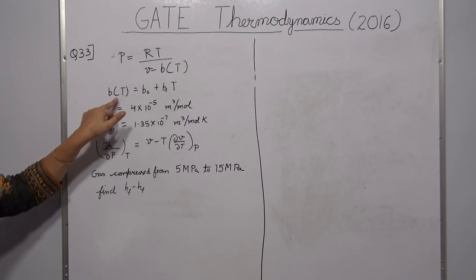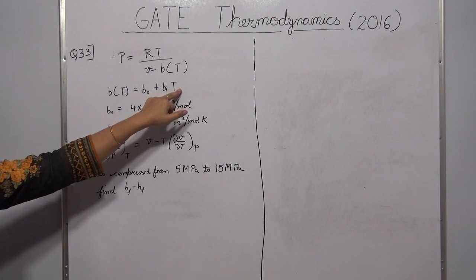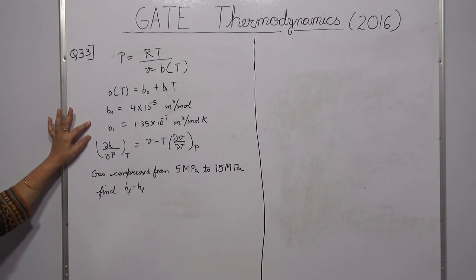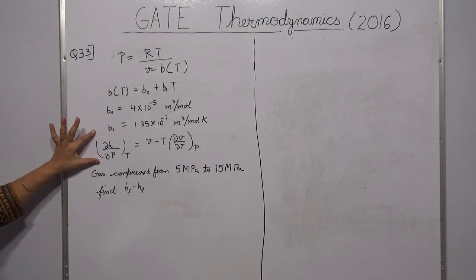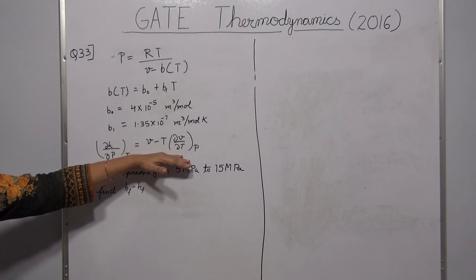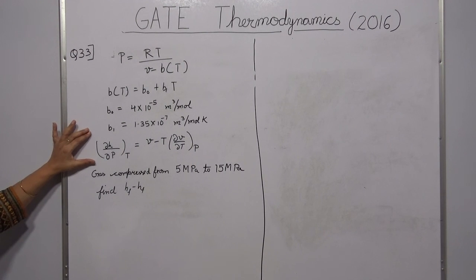It is given as B(T) = B0 + B1T, where B0 and B1 are constants and their values are given. Further, they have given that the partial derivative of H with respect to P at constant temperature is equal to this function. This equation is already given.